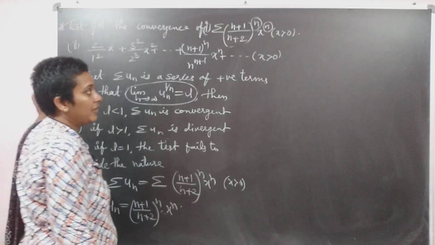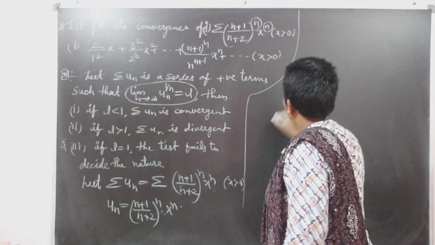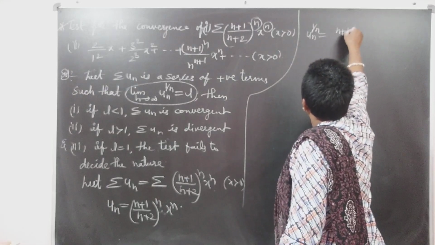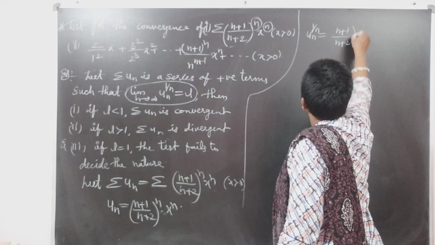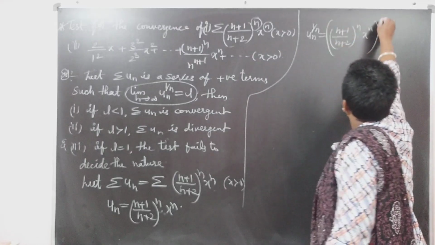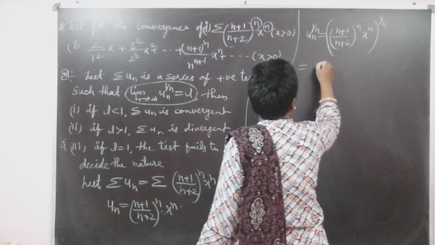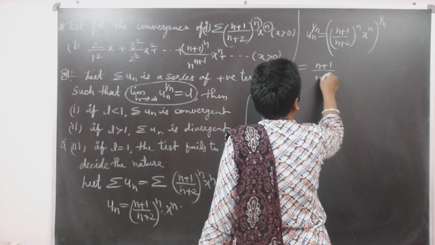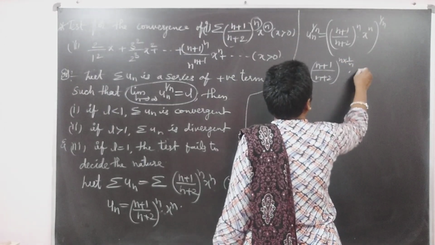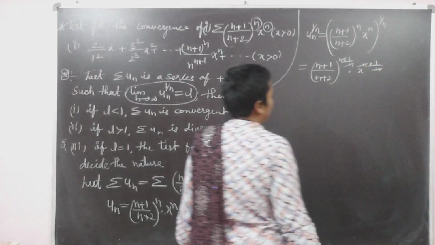Now we take the nth root: un power 1 by n equals ((n+1)/(n+2) whole power n into x power n) whole power 1 by n. We write separately (n+1)/(n+2) whole power n into 1 by n, and x power n into 1 by n, and n gets cancelled.